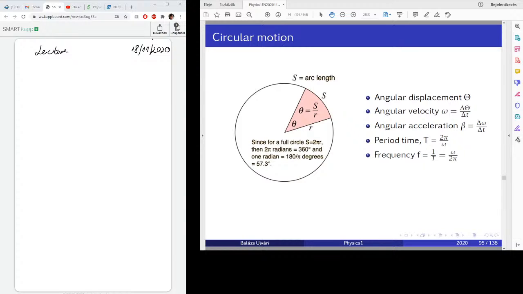Since t is 0, this is pi over 2, so we are over there on the north side of the circle. Where is the body at t equals 1? This is pi over 2 plus pi over 2, which is 2 pi. So I was here at t equals 0, and at t equals 1 second, I'm here.